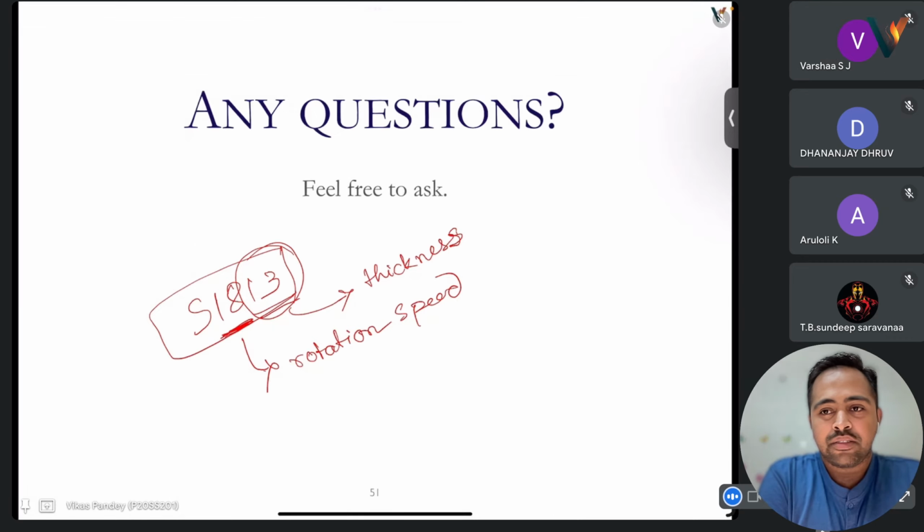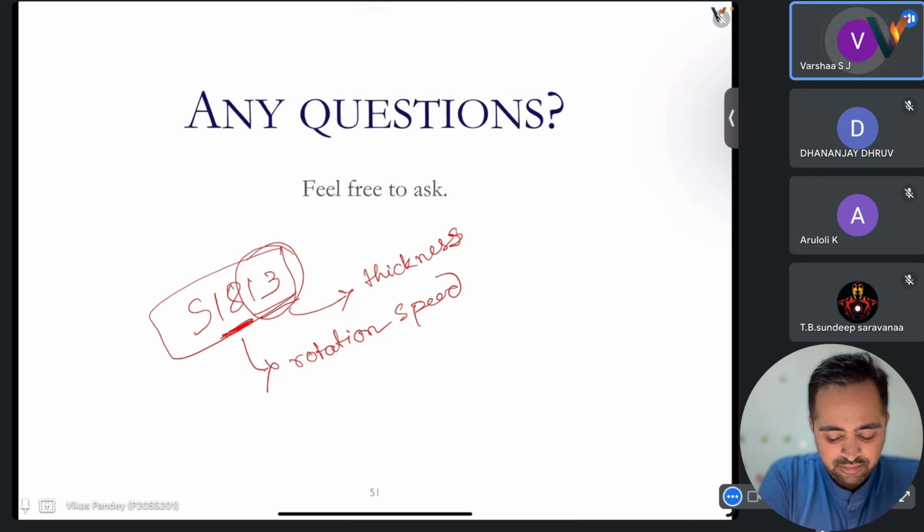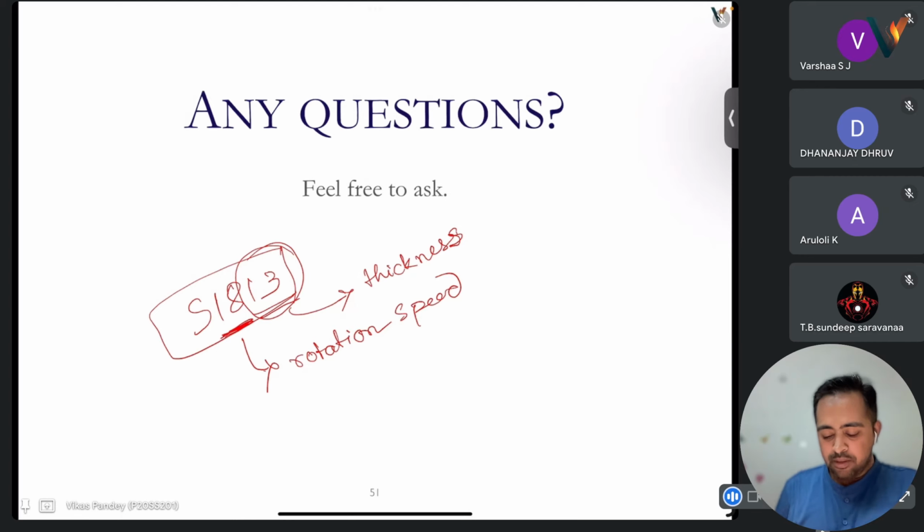Anyone else have any question? Sir, none of the evaporation techniques will be used to deposit a layer? No, sir. Deposition is different from evaporation, right? See, evaporation is like you are evaporating something from here and then depositing it here, like the thermal evaporation method.